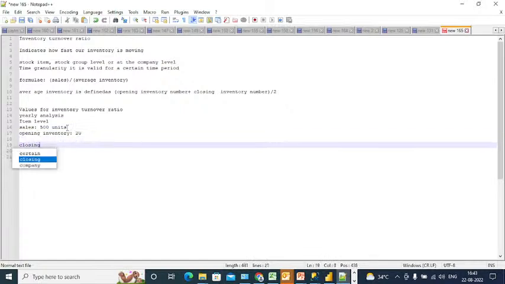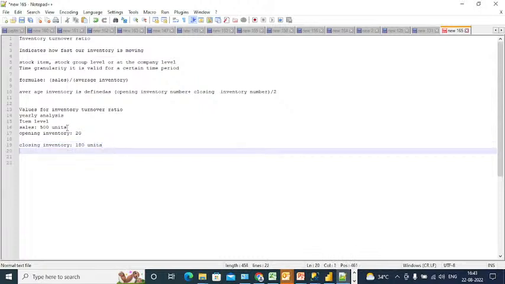My closing inventory is 180 units. So my inventory turnover ratio is going to be equal to 500 divided by (180 plus 20) divided by 2, which is equal to 500 by 100, which is equal to 5.